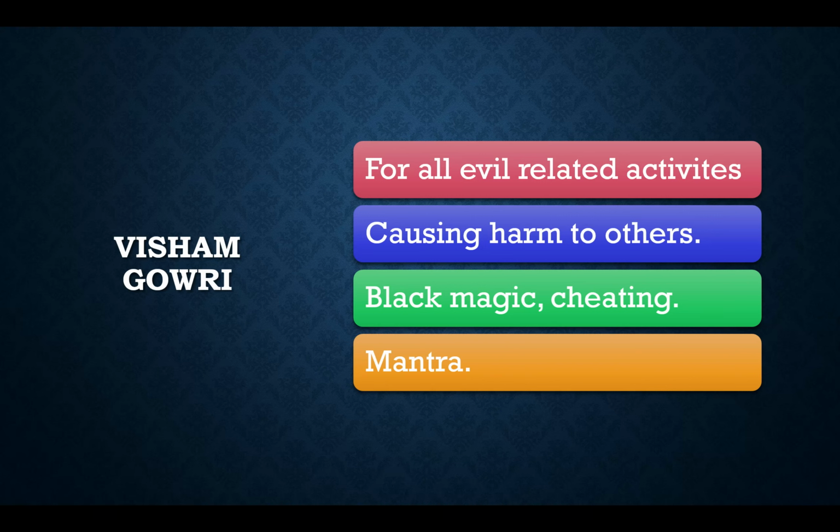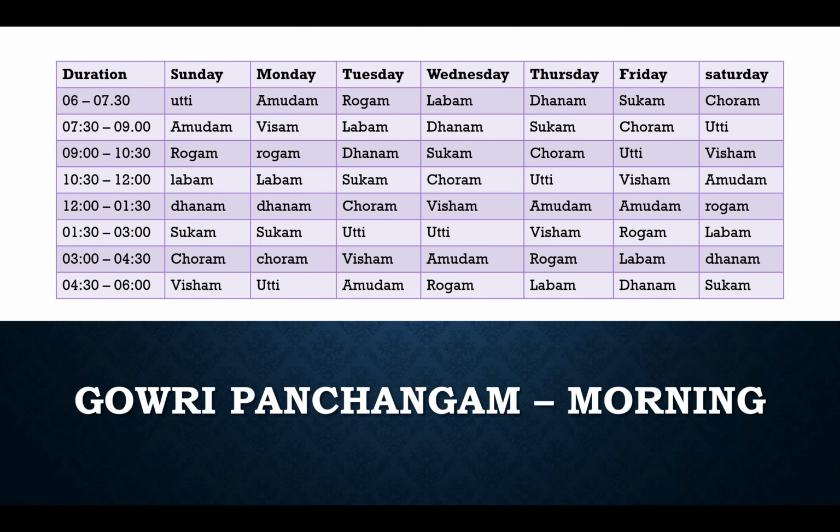So this is not good. It is only causing harm or evil things. Like I told, out of the eight Gauris, three Gauris you are avoiding: Chora Gauri, Visha Gauri, and Roga Gauri. And planet wise, if you arrange them also, they are represented by Saturn, Mars, and the Snake, that is Rahu. So this is the table.